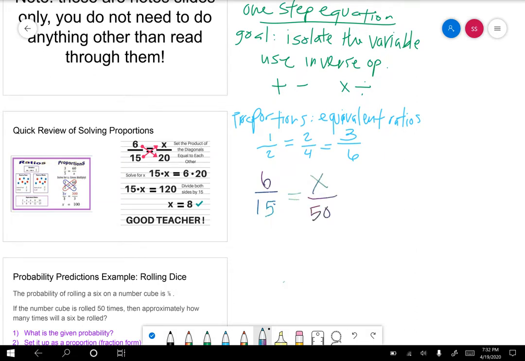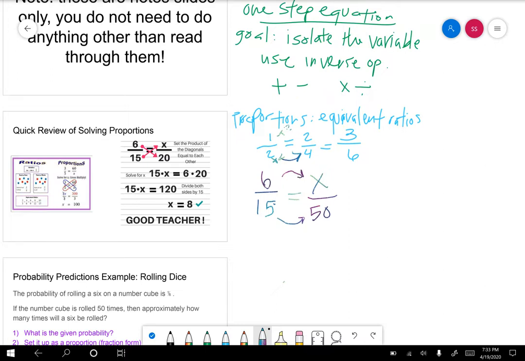So basically, to get from here to here, we multiplied by 2 on the top and bottom, right? So we're trying to figure out what we're multiplying 15 by to get to 50, and then we would do the same thing on top.